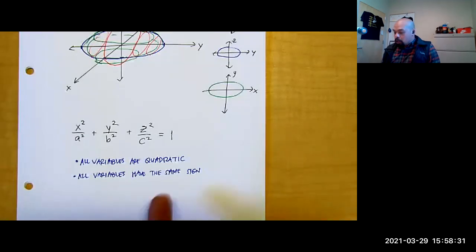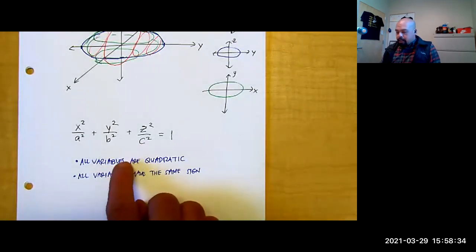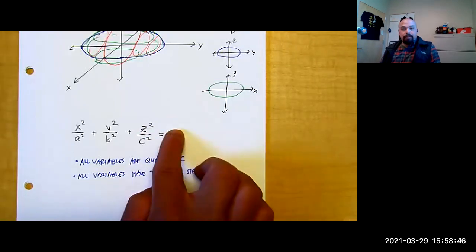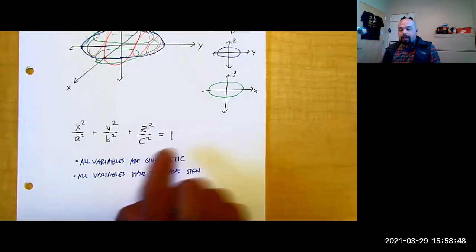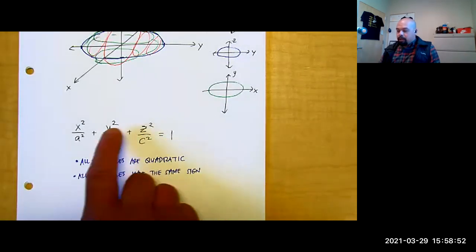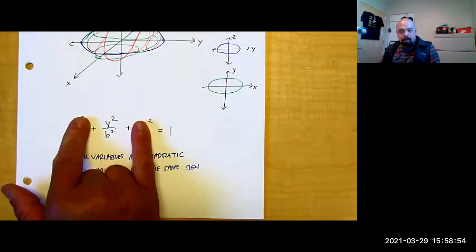And then as we start to build up those traces, letting z take on different constants. z equals 0, z equals 1, -1, +2, -2, so on. And we start to compute, each of those is going to be an ellipse, right? Doing the same thing, letting y be 0, y be 1, y be -1.